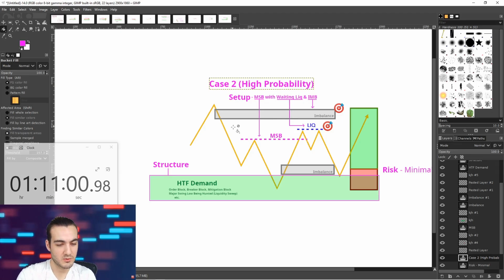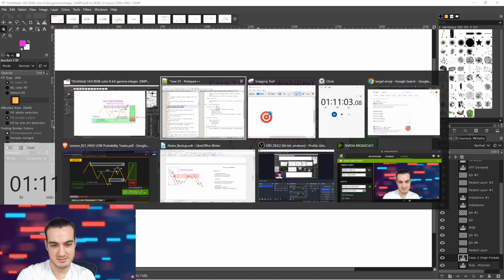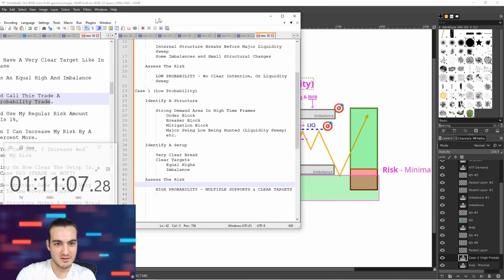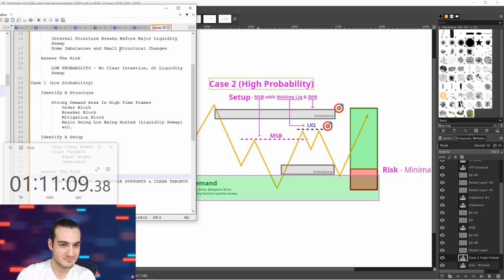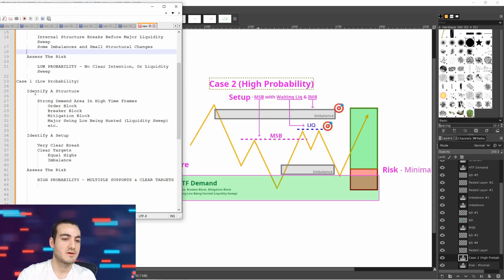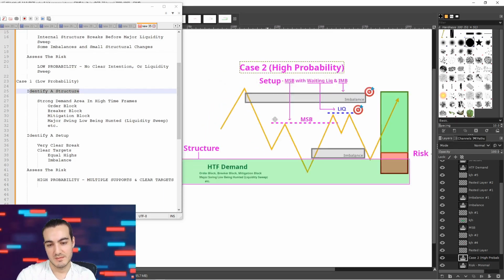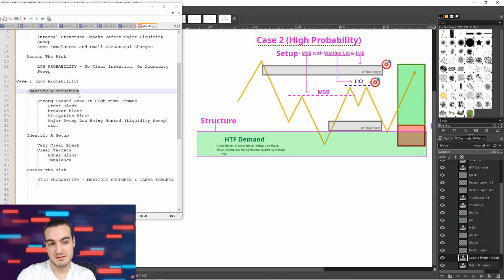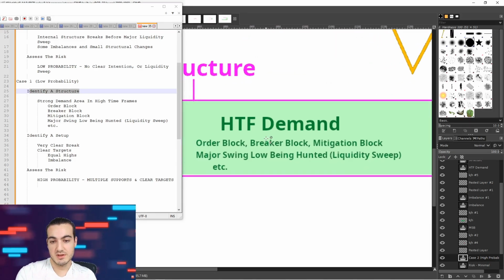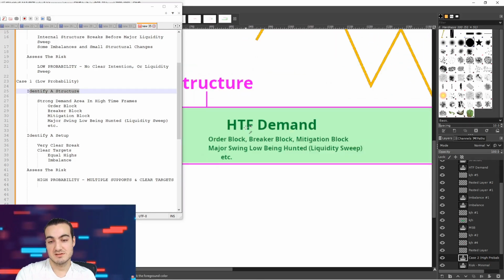Okay, I think we can walk through the second case as he lays it out. Once again, our 3 steps. We have identify the structure. In this case, it would be a high time frame demand zone.